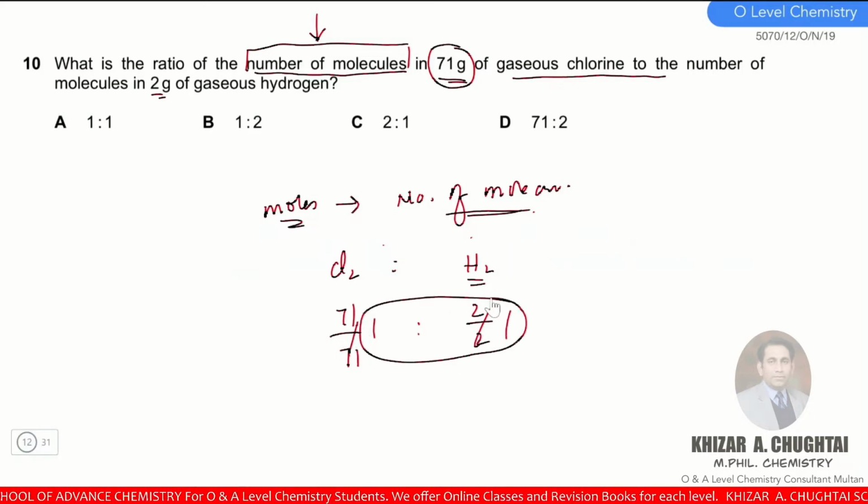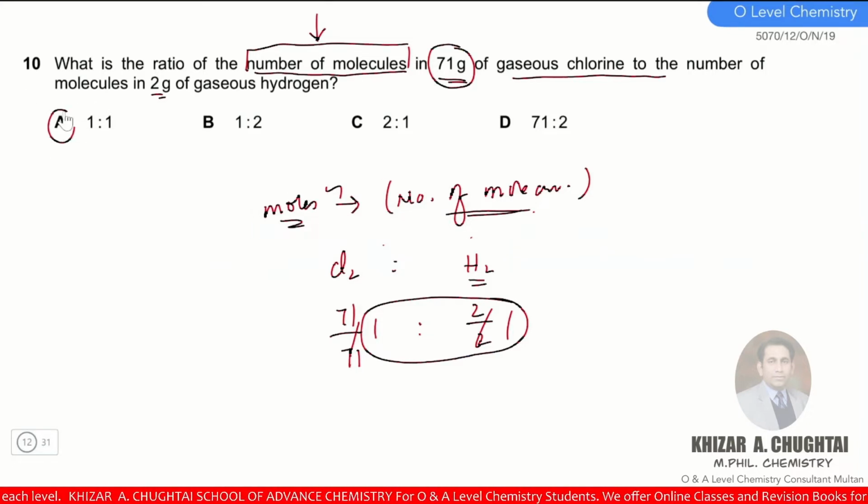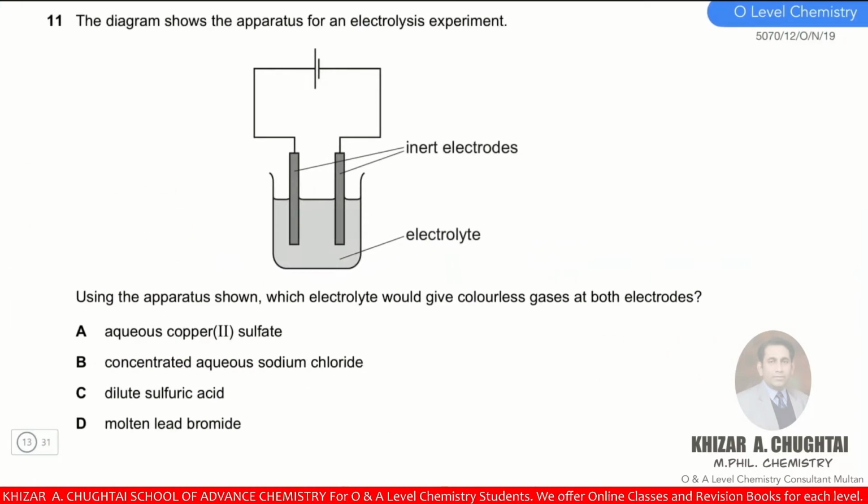The ratio of the moles is 1 ratio 1. The same ratio will be for the number of molecules. The ratio of moles is also the ratio of the molecules, and if they have the same number of atoms, then the ratio of atoms will also be similar. So A is the correct option, 1 ratio 1.